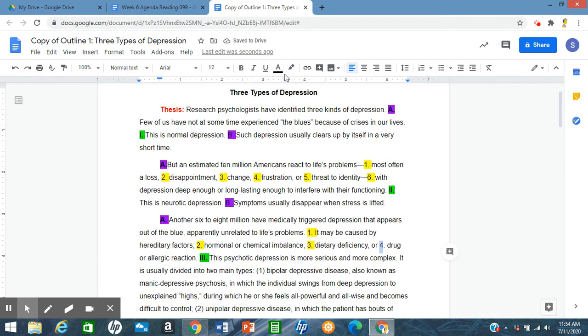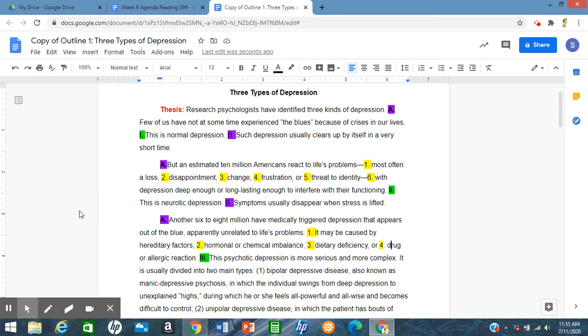So that is one way of doing that. Now, you would not get deducted if you did it this way. Another way of doing it, and again, when it comes to outlining, there are multiple different ways of doing this. So that's one way of doing it.